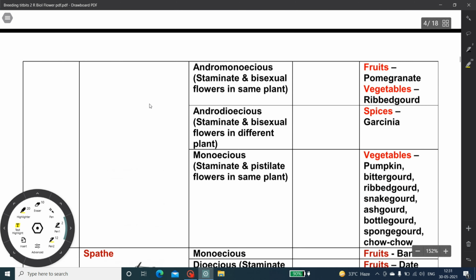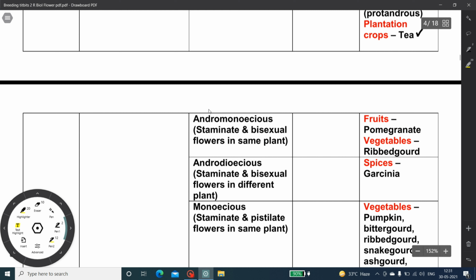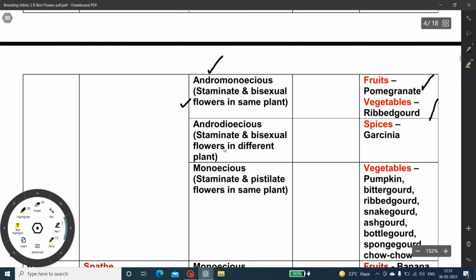Solitary flowers also have an andromonoecious type, that is, staminate and bisexual flowers are present in the same plant. Pomegranate and ribbed gourd are examples. The third one is androdioecious, staminate and bisexual flowers in different plants.